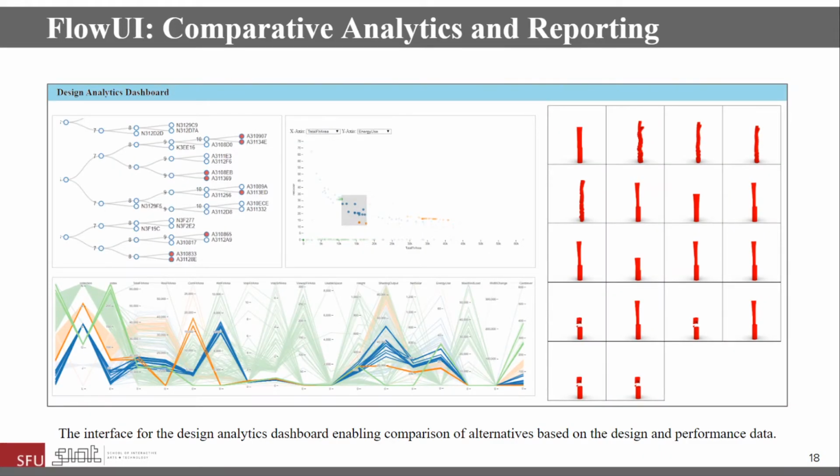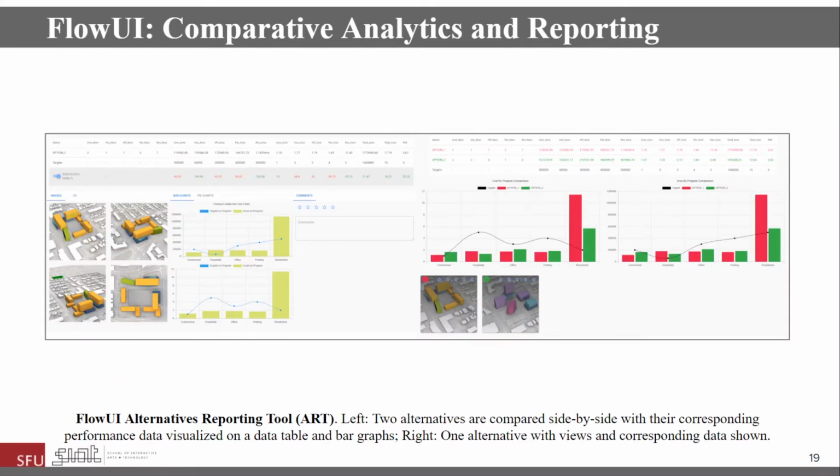Here is an earlier version of a cloud-based interface called DesignSense. This system is integrated with FlowUI and enables comparison of alternatives based on the design and the performance data. And finally, FlowUI can be integrated with tools such as ART, which is an alternative reporting tool also developed by our lab to support generating interactive reports that can be used to present and further study the selected alternatives.